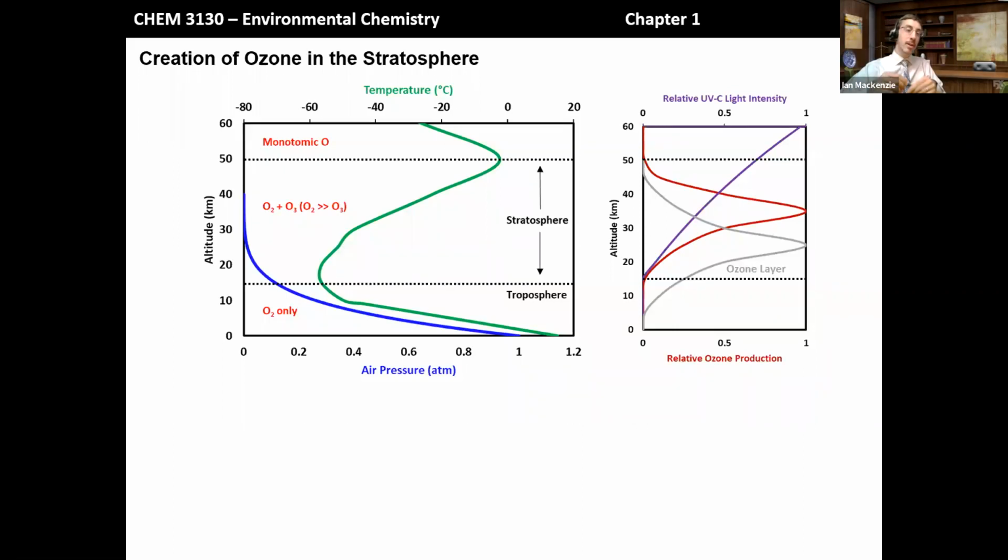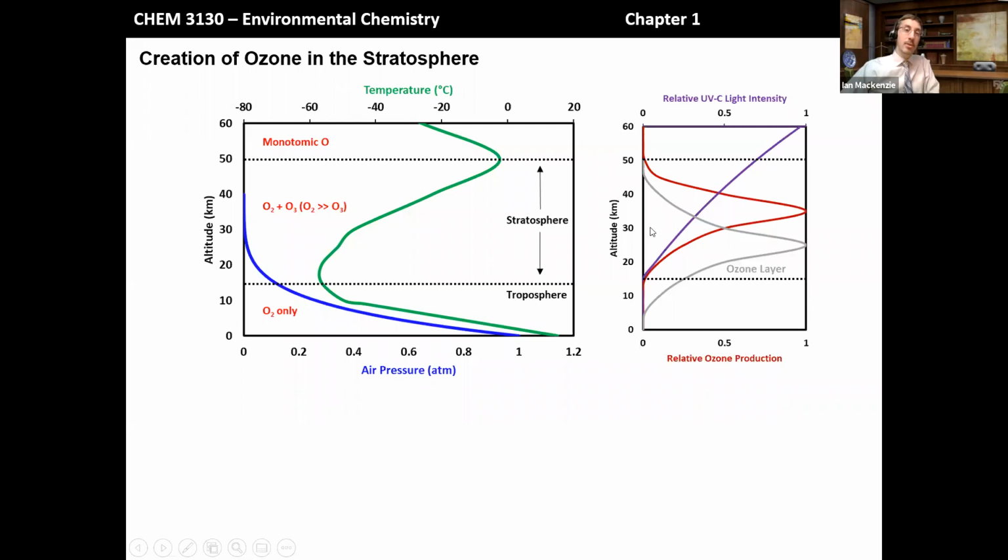There is some kind of mixing that does occur, although mixing is much less in the stratosphere than it is in the troposphere. But ozone is transported downwards after formation. It's a heavier gas, after all, than either O2 or monatomic oxygen. And so the actual ozone layer itself exists more around the regions of, say, 15 up to about 30 kilometers in altitude.